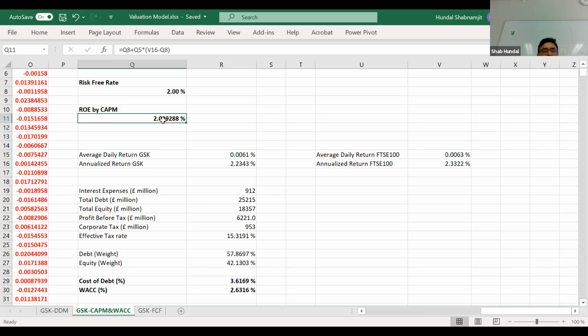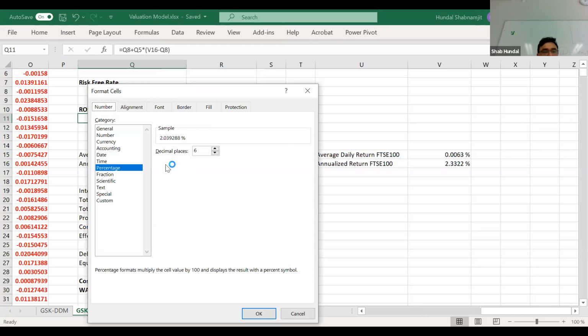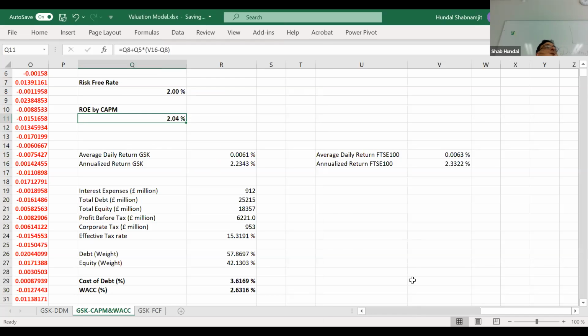Let me make it 2 decimal places, otherwise it's a bit tricky. The minimum return which I must get from GlaxoSmithKline is 2.04, and if my expected return is less than 2.04, then I must not invest in this company at all. So this sets a floor.